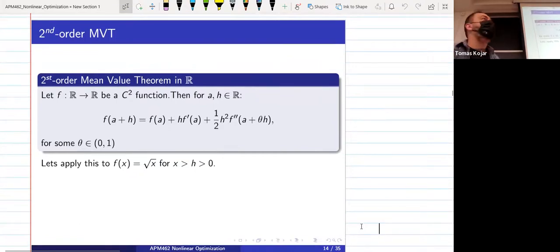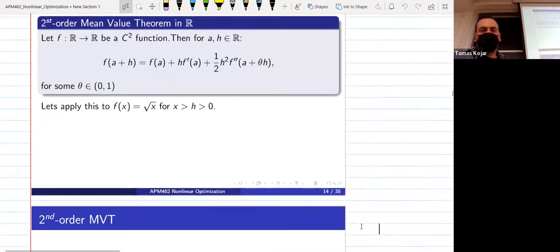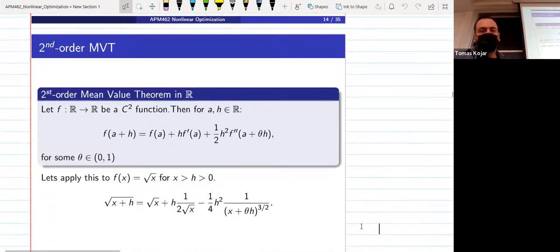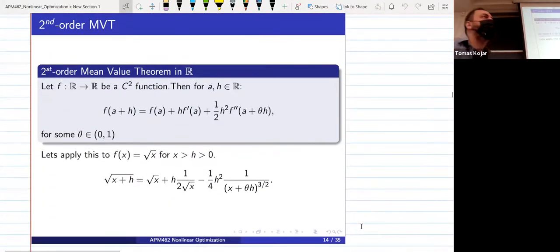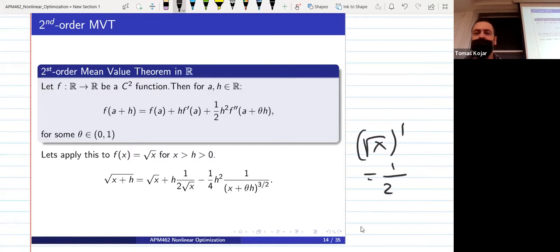Right, let's do an example. So take square root x. And we plug in x plus h, x. We take one derivative of square root x, which is equal to a half over square root x, right?